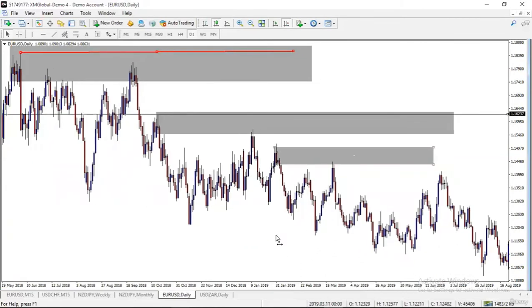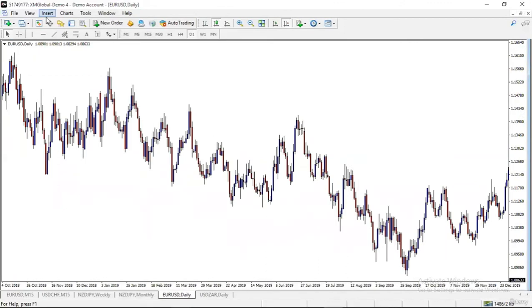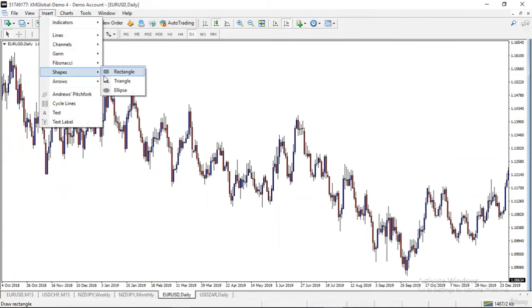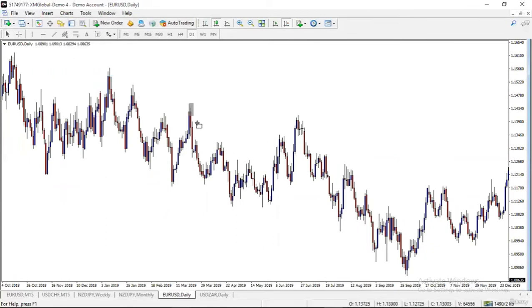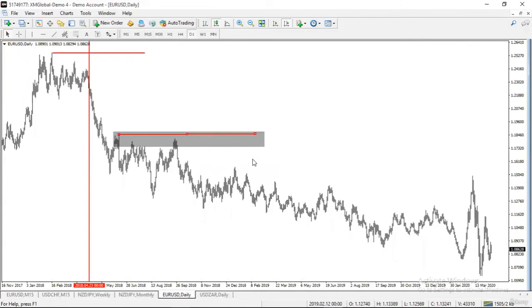Around that price range. Okay, that's another pullback. This is another pullback. The buyers closed their trades and sellers came in. When more buyers came in, they closed their trades at the same price range. So that's how you would get those.